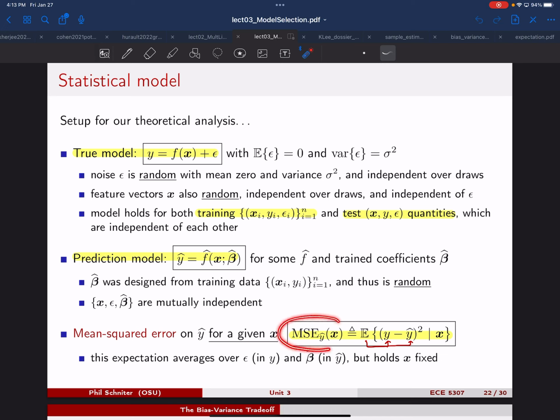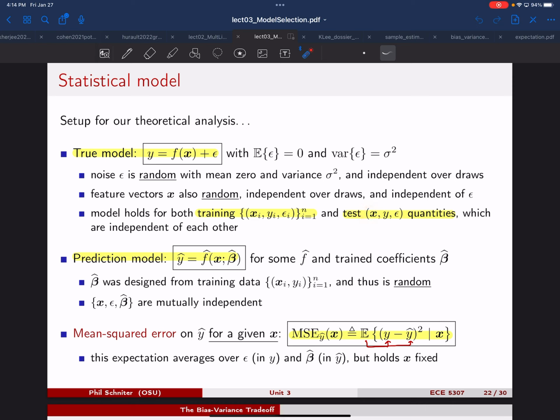We can derive an expression for the MSE that depends on x. Once that's done, we can come back and take an average over those x's, and then you get an average MSE that doesn't depend on x. That's because you never really know what your x will be at test time. So you might not care about what happens at a particular x. You care about what happens on average over the x that you get in your test data. So that's sort of high level.